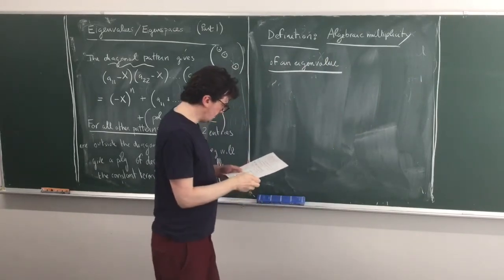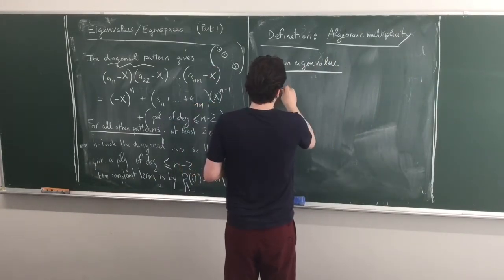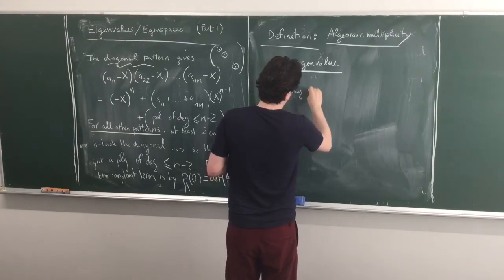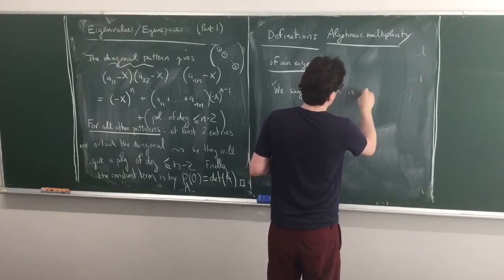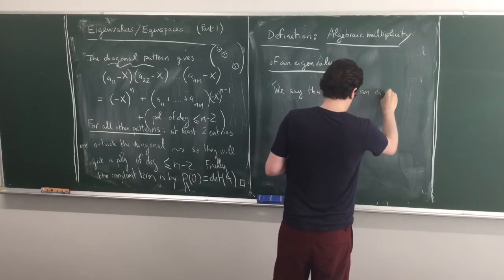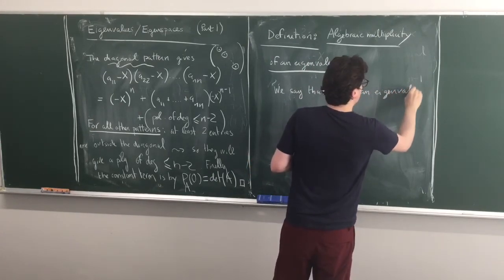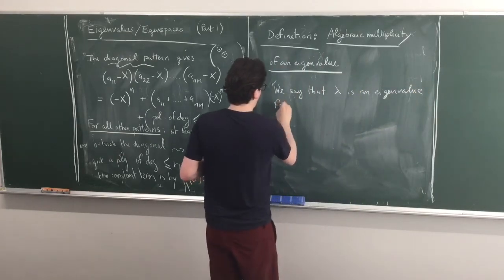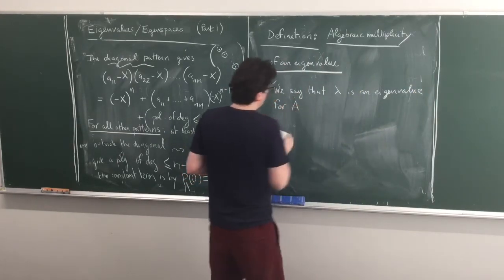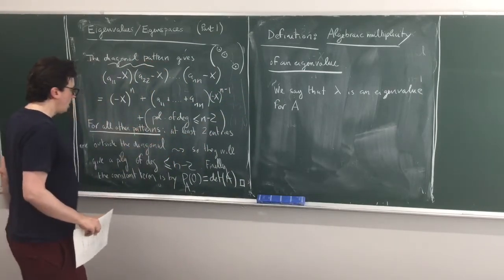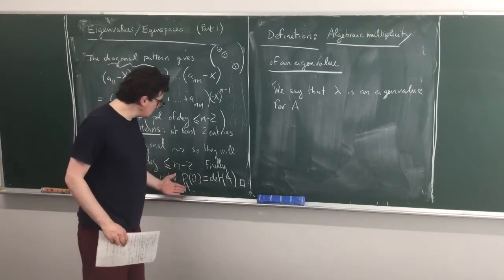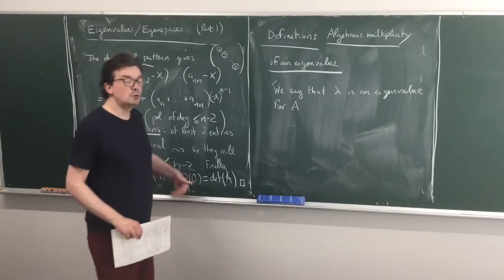Okay, so what is that? We say that lambda is an eigenvalue for A. So you remember this is an eigenvalue if and only if the evaluation of this polynomial at this lambda is equal to 0.